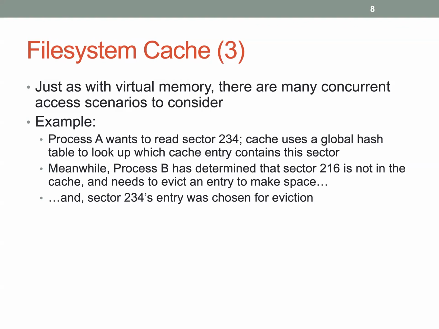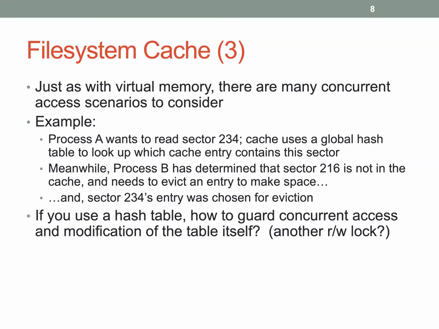So now this is the challenge. Process A is trying to access the entry. Process B wants to try to evict the entry. So you have this hash table mapping sector numbers to entries in the cache, right? It may just have the index of the cache entry or something like that.